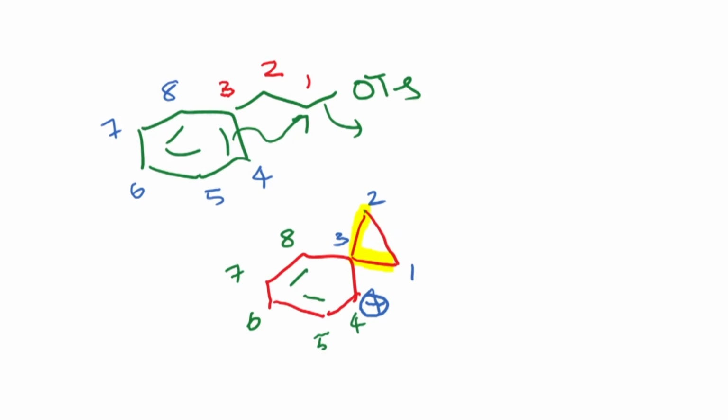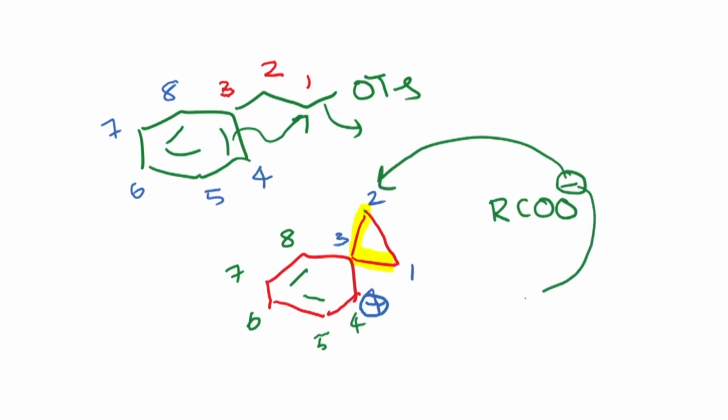Now the attack of the nucleophile, which is RCOO minus, can occur on carbon 2, or it can attack on carbon 1. As you can see, this is equally likely, and so you end up with 50% of one product being formed and 50% of the other product being formed.